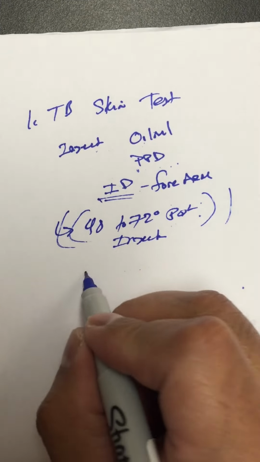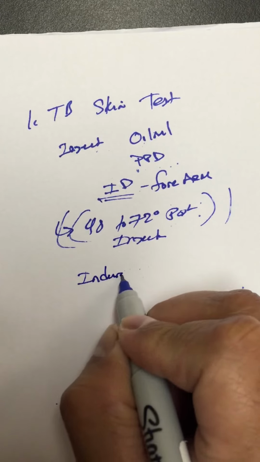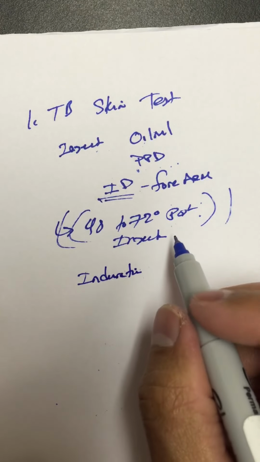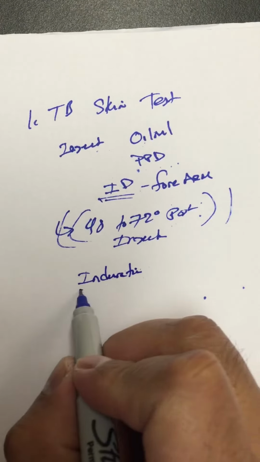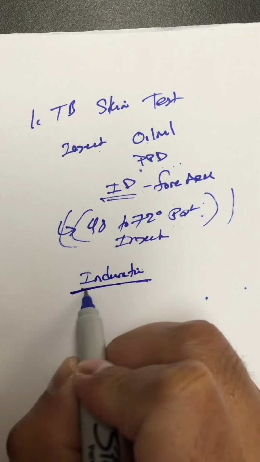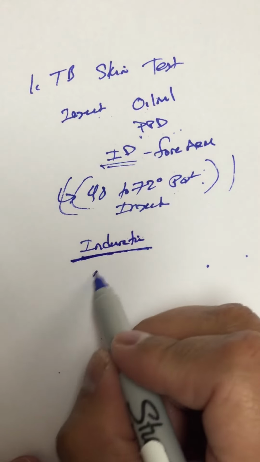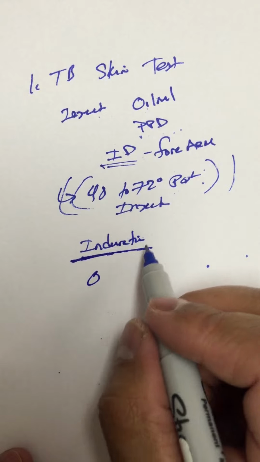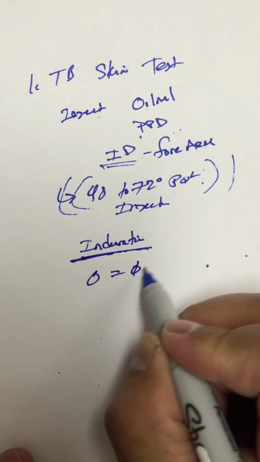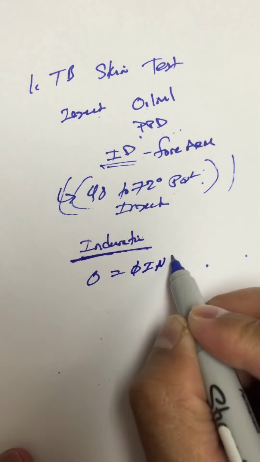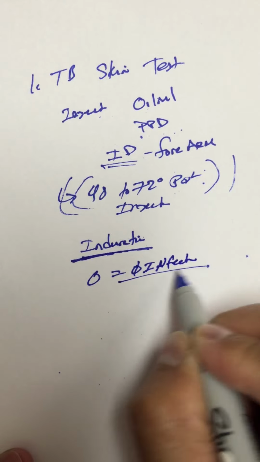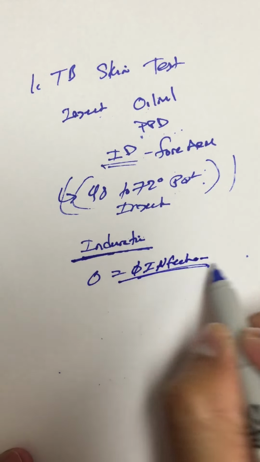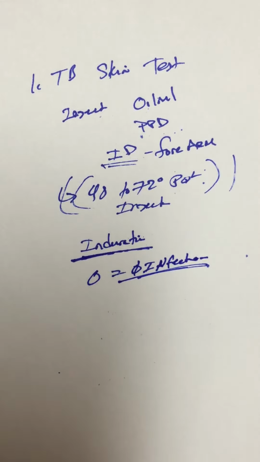Now, you will check for something called induration. This does not necessarily mean redness, okay? So again, you will check for induration. Typically, you want 0 induration. That would mean 0 or no infection. Now, check your books, guys, because it depends really on what type of patient you're examining.